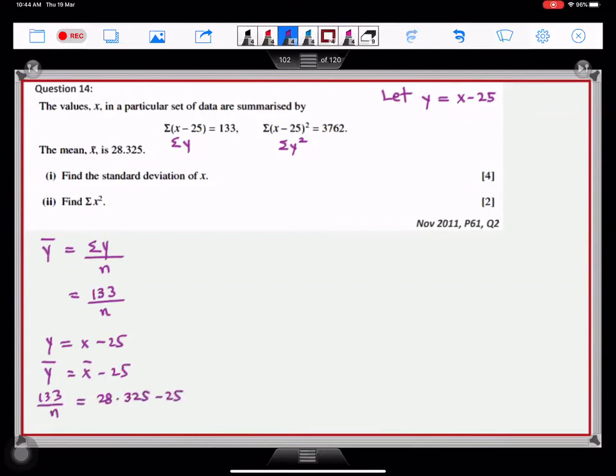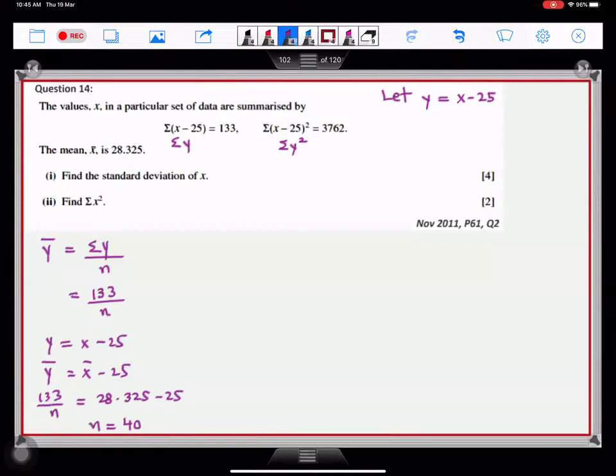Therefore, 3.325 multiplied by n is 133. So basically 133 divided by 3.325. This comes out to be a nice number. N comes out to be 40. You cannot think about moving further without even knowing the value of n.